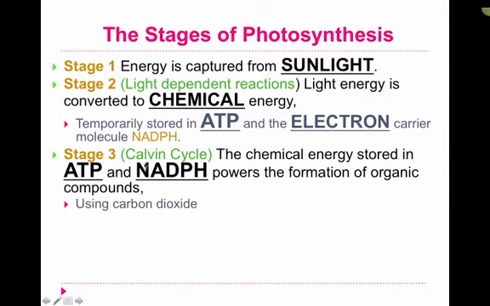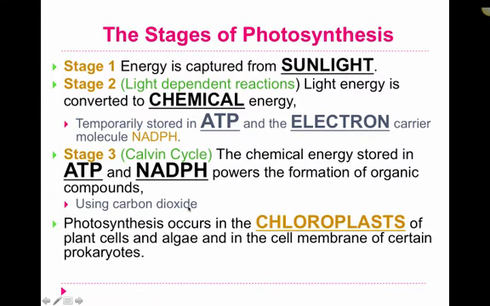In stage 3, the Calvin cycle, or the light-independent reactions, or the dark reactions, the chemical energy stored in ATP and NADPH powers the formation of organic compounds. Remember, organic compounds is anything that contains carbon. So this uses the carbon dioxide.